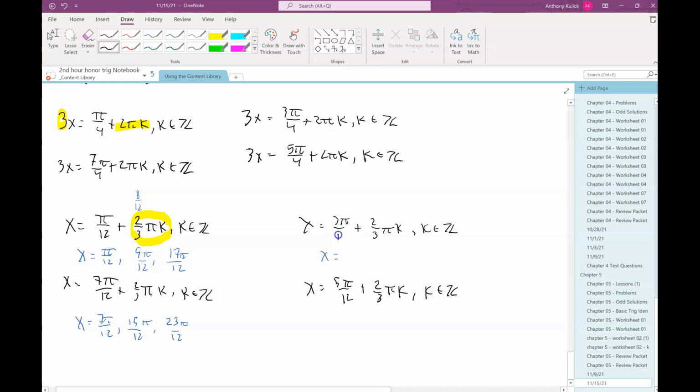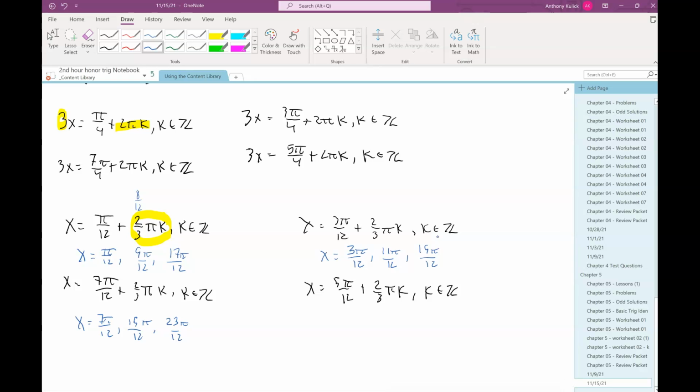Let's leave that as 3 pi over 12, because I'm going to be adding 8/12 everywhere. Probably just makes it a little bit easier. If I add another 8/12, that's going to be 27 pi over 12.